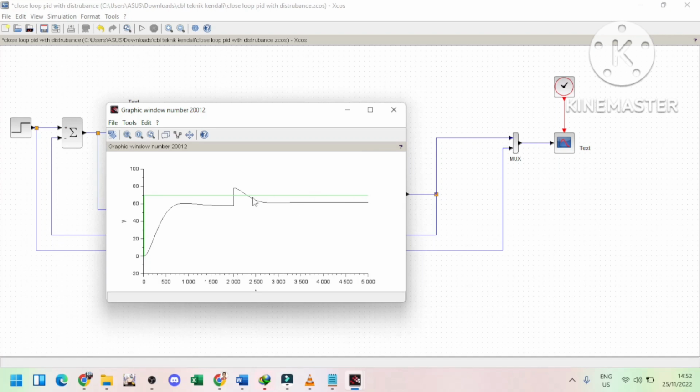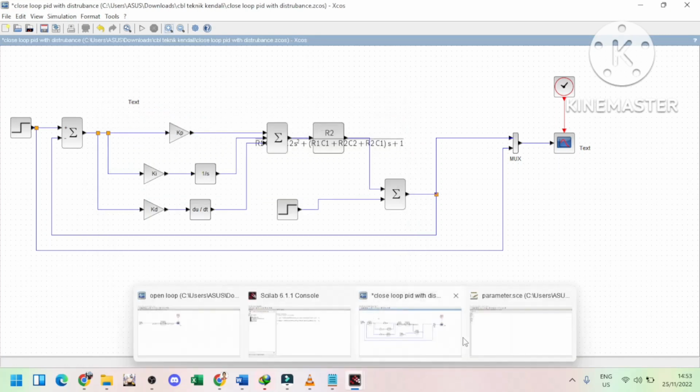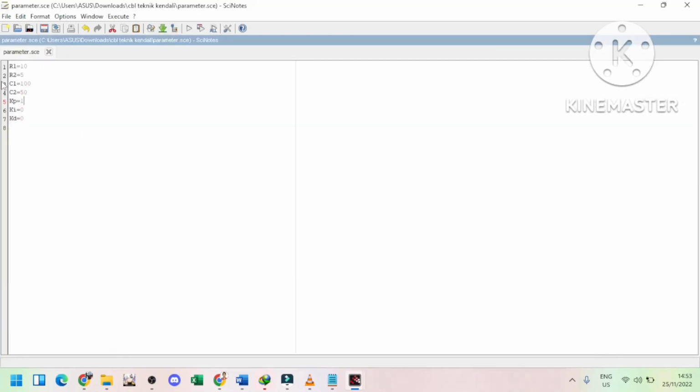This is a steady state error that occurs when the PID system does not reach the exact value for our system. So we need to adjust the values of Kp, Ki and Kd.